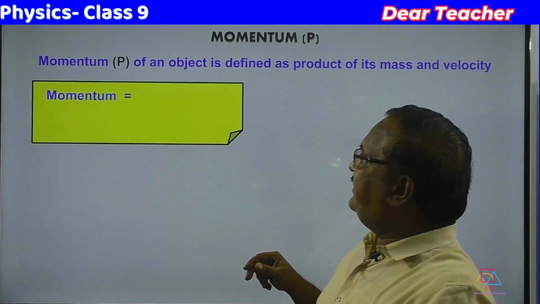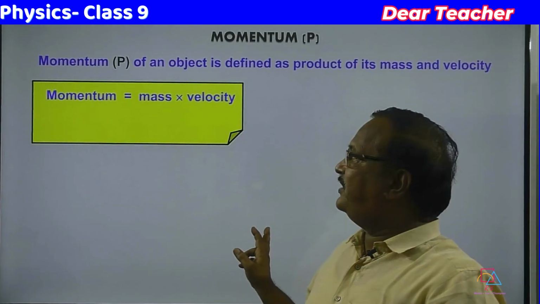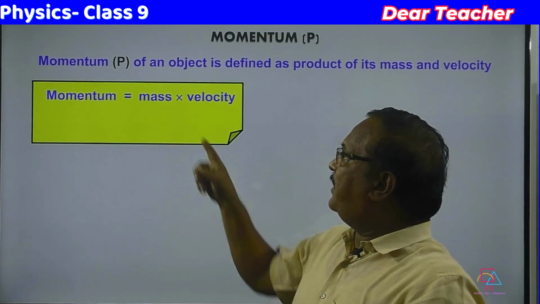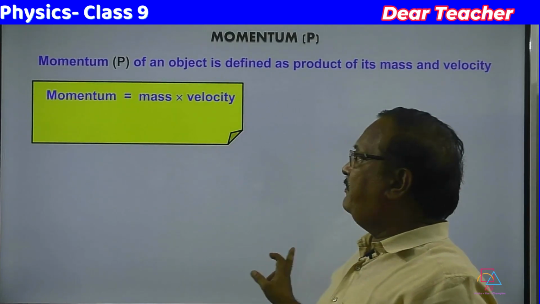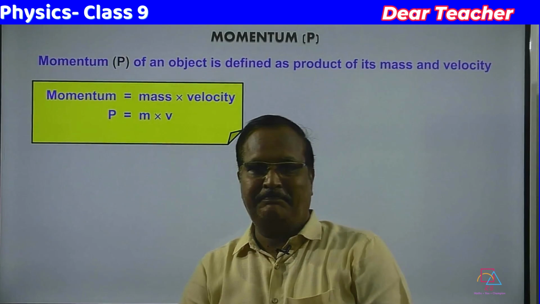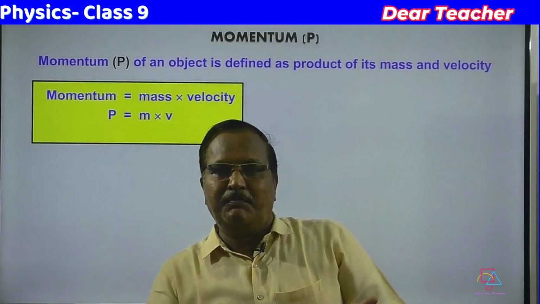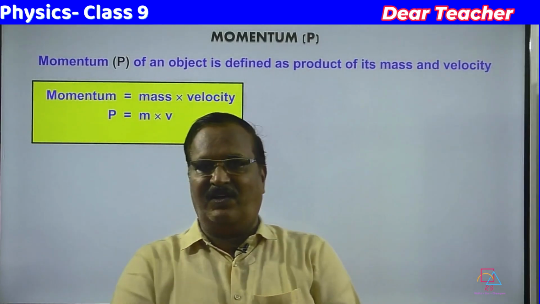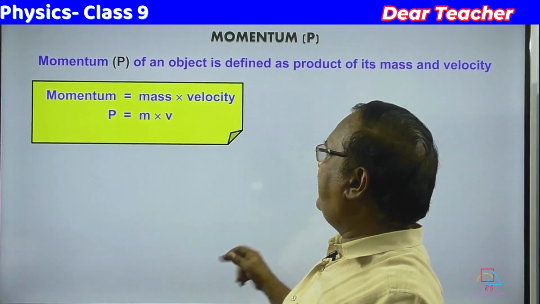So let us see. Momentum is equal to mass into velocity, right? It is a quantity. Mass is measured, velocity is measured, therefore momentum also will be measured. So P is equal to mv. So what is this velocity? Velocity may be initial velocity or final velocity, that we will see in coming videos, right?